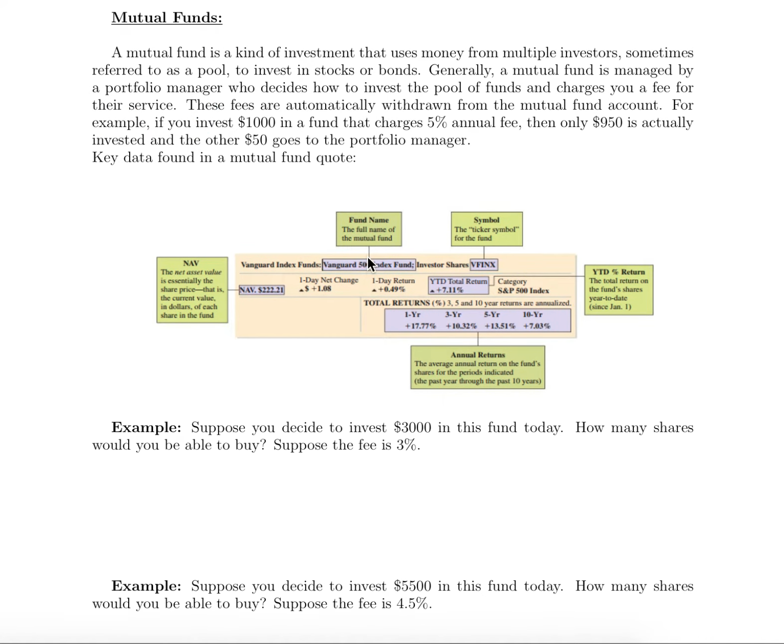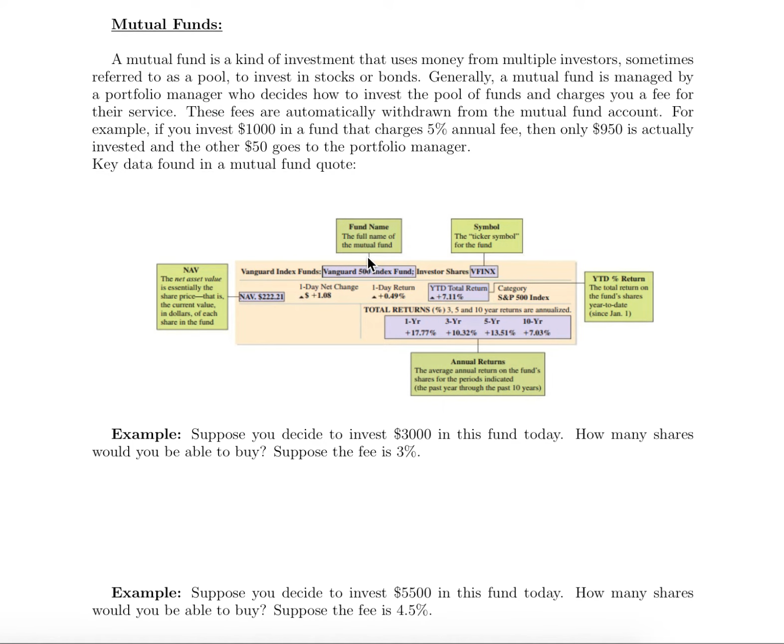So let me zoom back out for y'all. Okay. There's also this really long paragraph about mutual funds. The most important thing to note is that generally a mutual fund means that you aren't just investing in a stock by yourself. You have some portfolio manager who manages you and a few other people, and he splits all y'all's investments up over multiple stocks.